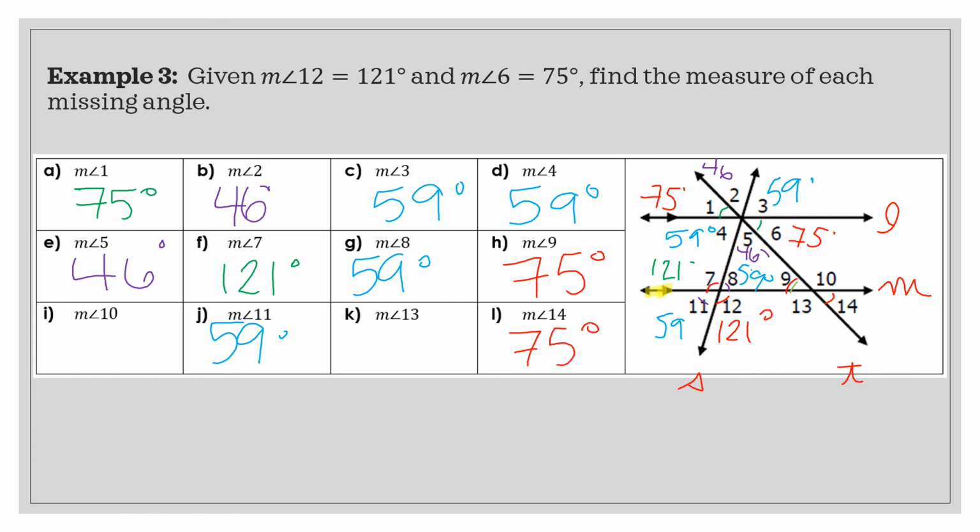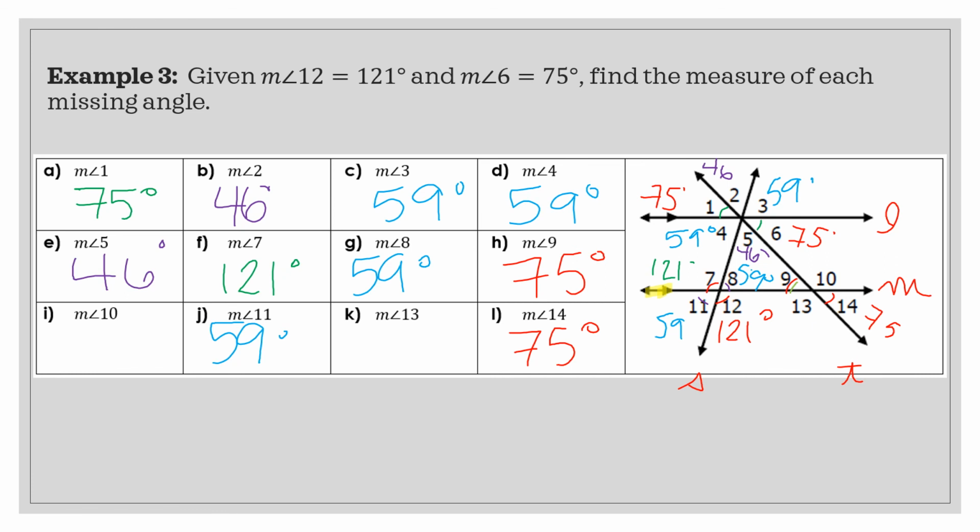All right, so the last angles we have are 10 and 13. We can do this a couple of different ways. I'm just going to use my linear pair rule. 10 and 14 form a linear pair, as do 13 and 14, or 9 and 13, or 9 and 10. So if I know that 14 is 75, then if I add angle 10 to 75 degrees, it should give me 180.